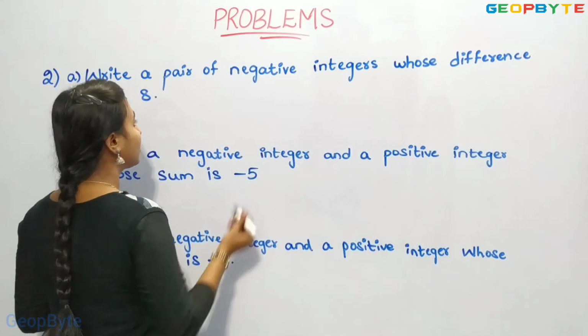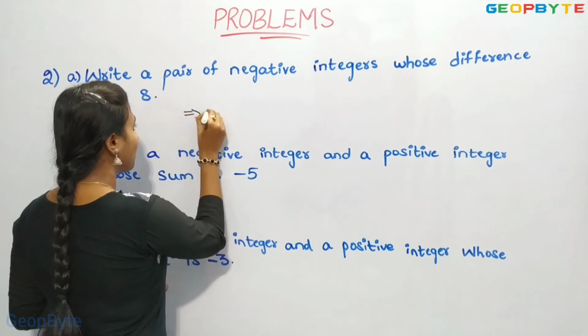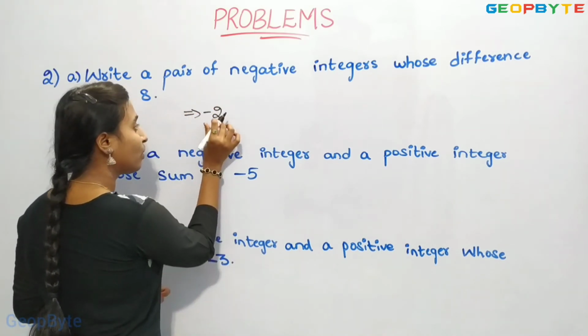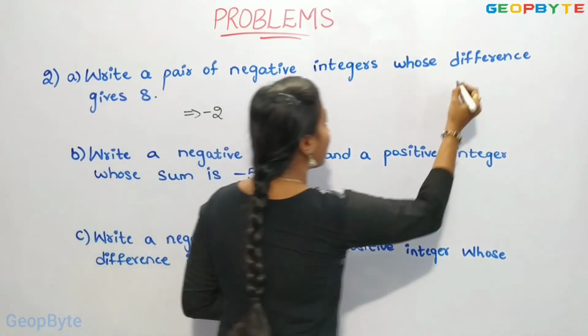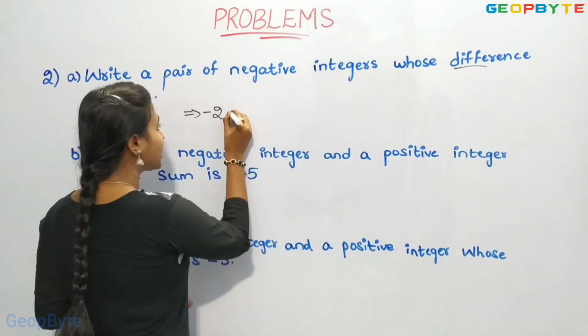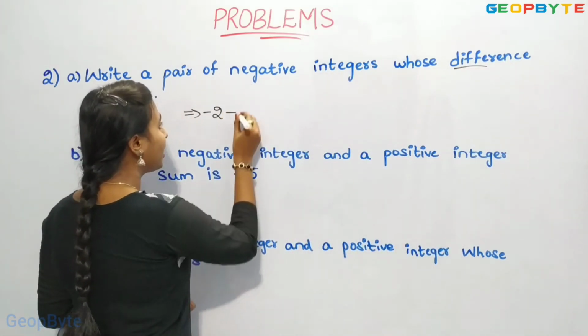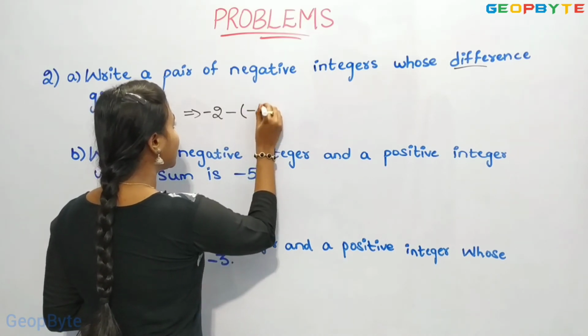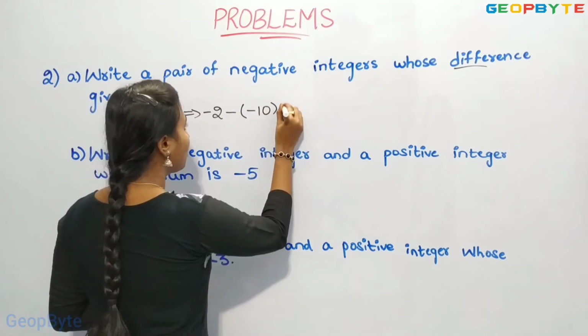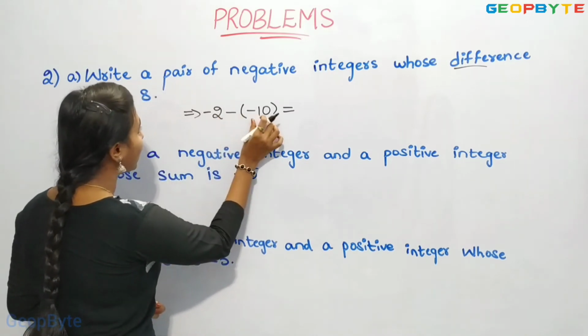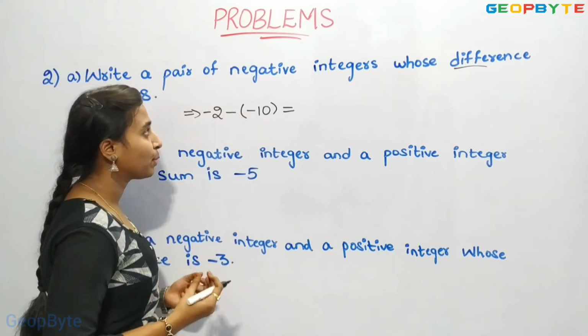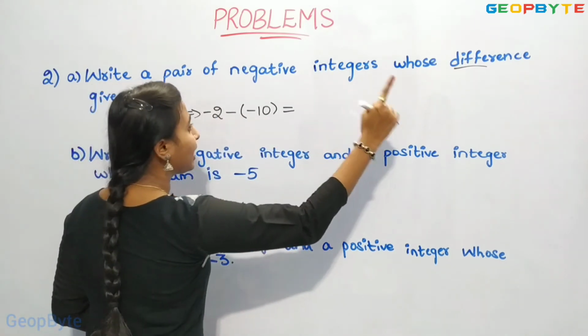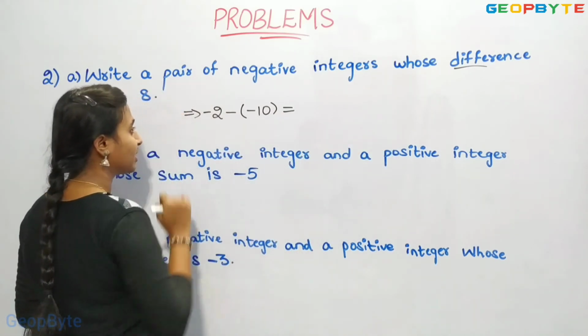Let us take minus 2, one negative integer, difference, that is minus, and one more negative integer. Let us take minus 10.